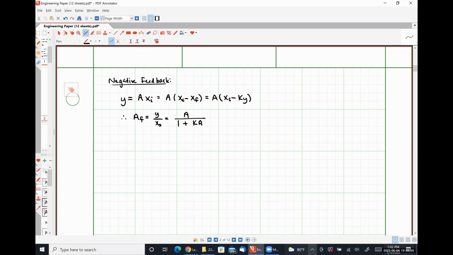All right. So advantages include gain stabilization, also known as gain desensitivity.